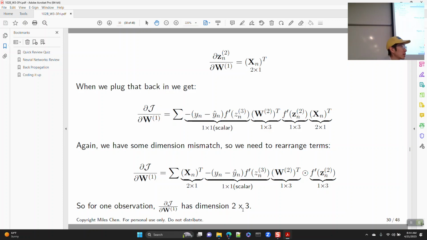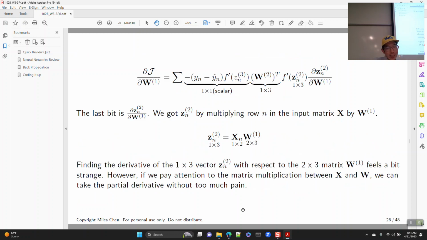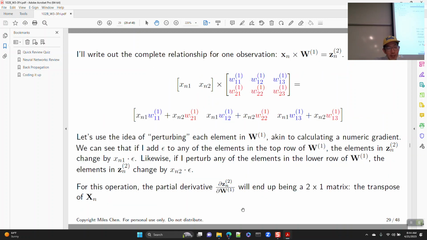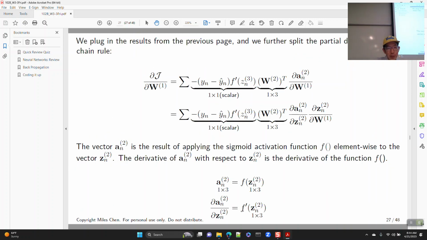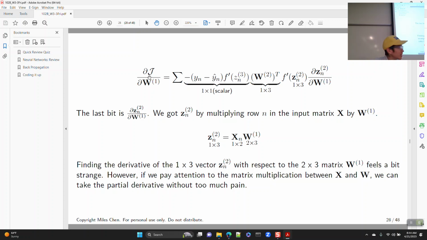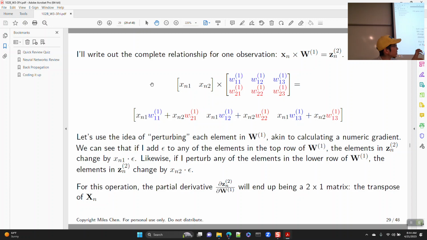Yeah. Well, what allows us just to switch the order however we want? We're not switching however we want. We have an idea of what we need our final thing to be. So we say, all right, what is this J with respect to W1? W1 is a 2 by 3 matrix, so we know the final result has to be a 2 by 3 matrix.